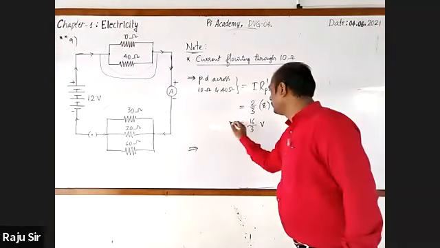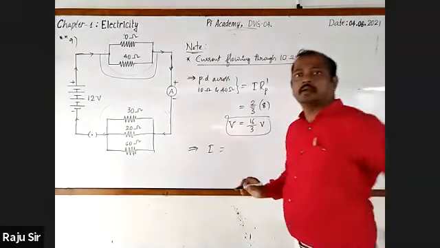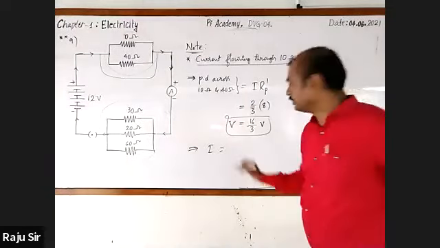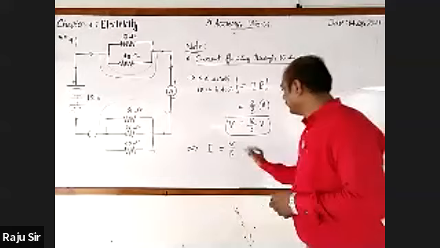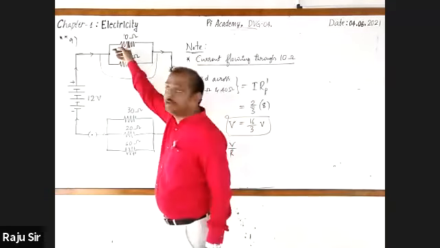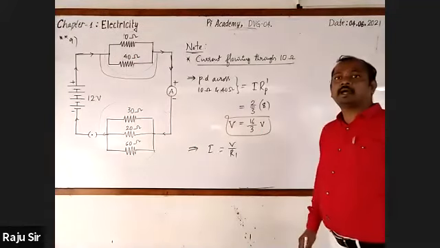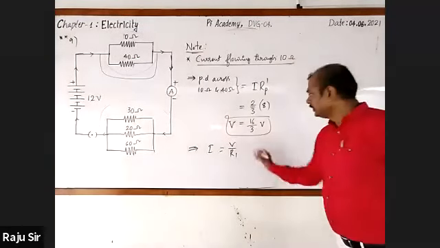Current is equal to, by Ohm's law, I is equal to V by R. But we are going to find the current flowing through the first resistor, hence you can write V by R1.